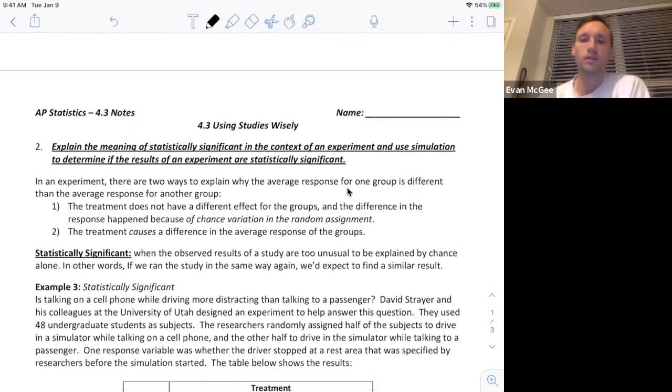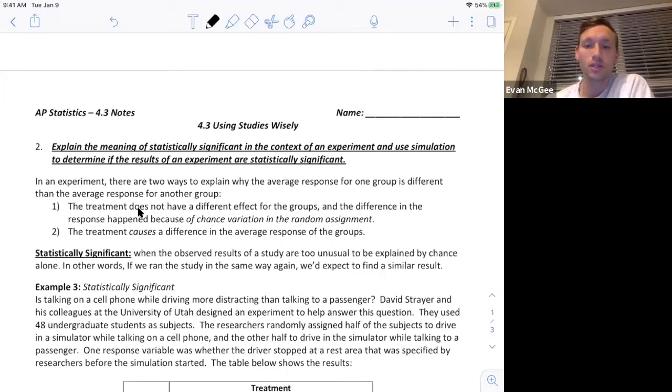Okay, let's take a look at the next objective, which is to explain the meaning of statistically significant in the context of an experiment and use simulation to determine if the results of an experiment are statistically significant. When we're doing an experiment and we notice that there is a large difference between the two groups, the treatments, there are really two reasons for the response to be different.